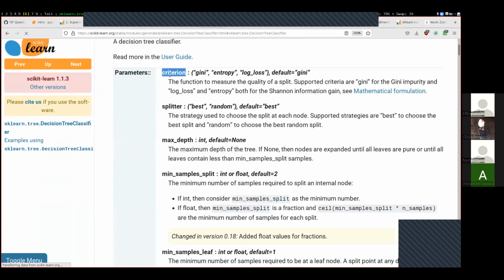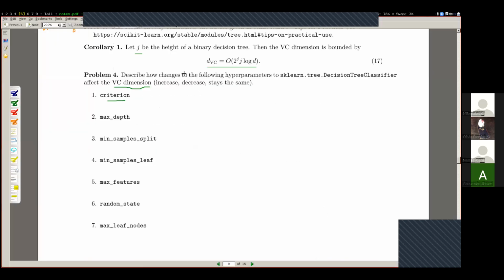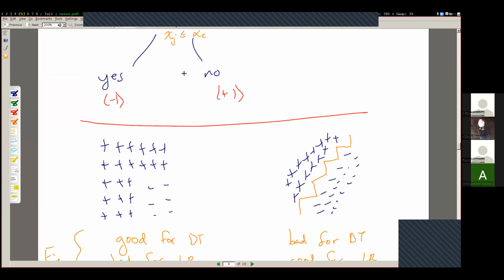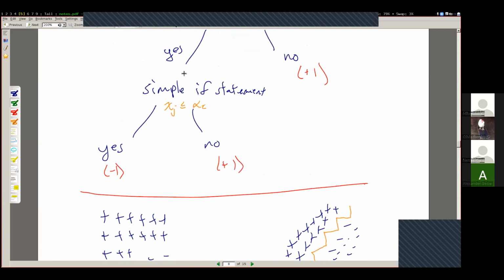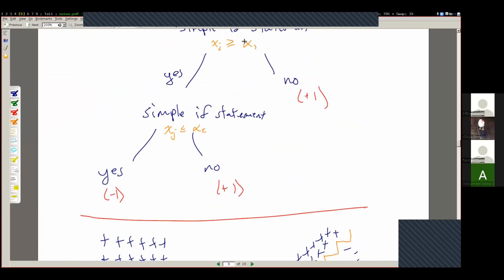So this first one, criterion right here, has actually no effect on the number of nodes in your tree. What criterion selects is what are the values of alpha that you should be using, and which dimension you should split on.